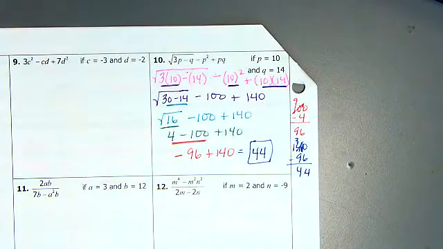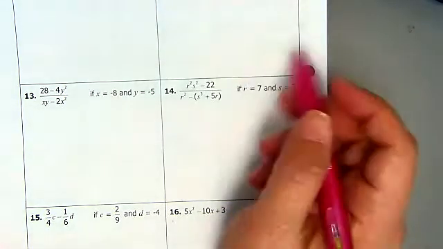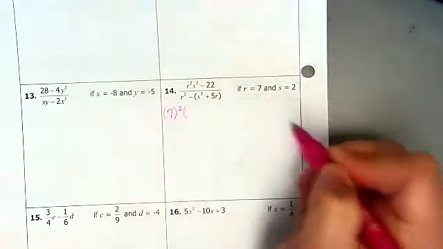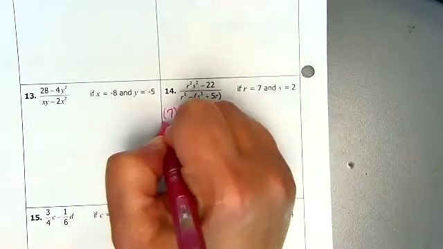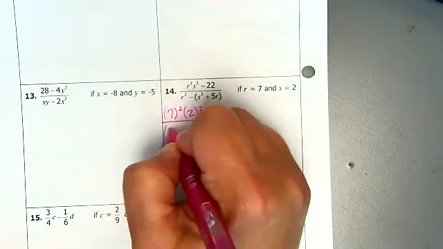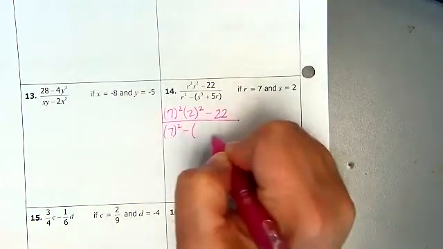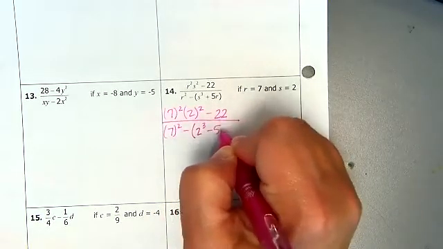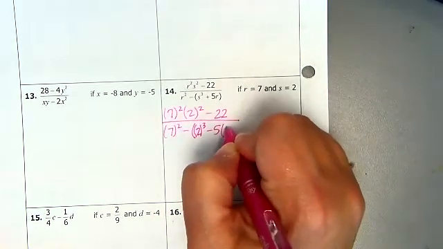Okay, 2 more, guys. I'm just trying to show different types of problems here. Okay, so looking at 14, plugging them in, here we go. So I've got 7 squared times 2 squared minus 22 all over 7 squared minus, open parentheses, 2 cubed minus 5, and you can actually put this in parentheses, times 7.